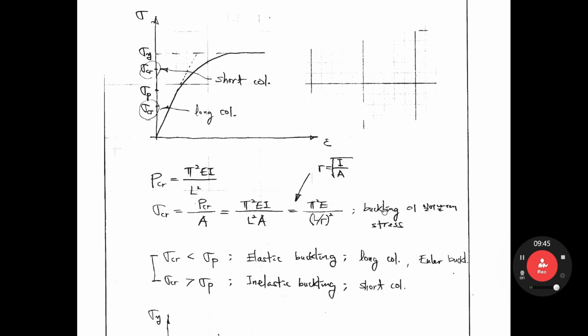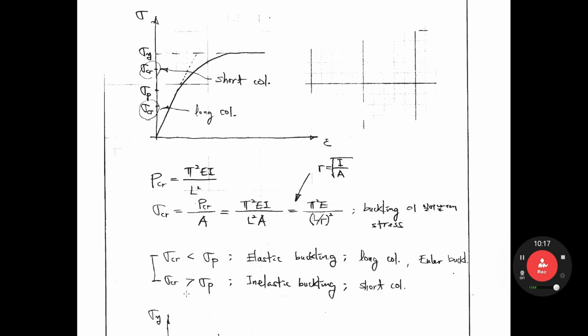This is the stress at buckling, and we call it buckling stress. If this buckling stress is less than sigma p, the proportional limit, then we call it elastic buckling. Elastic buckling occurs in a long column, and we call it the Euler buckling load.